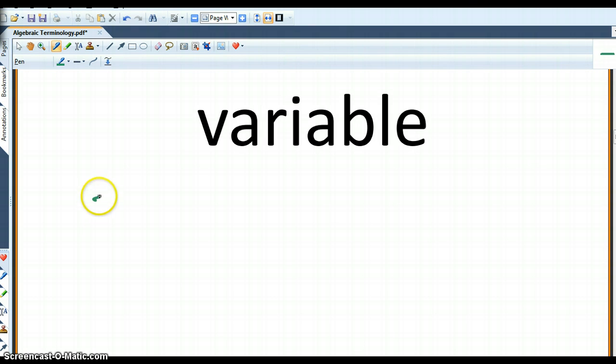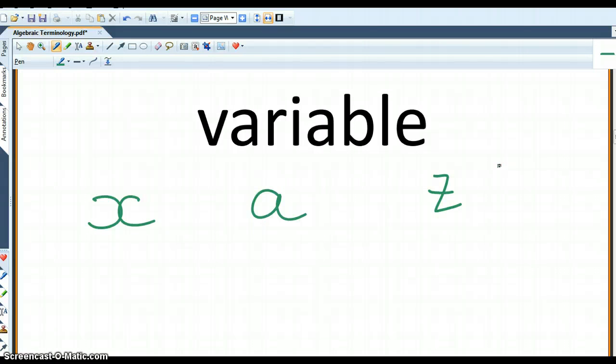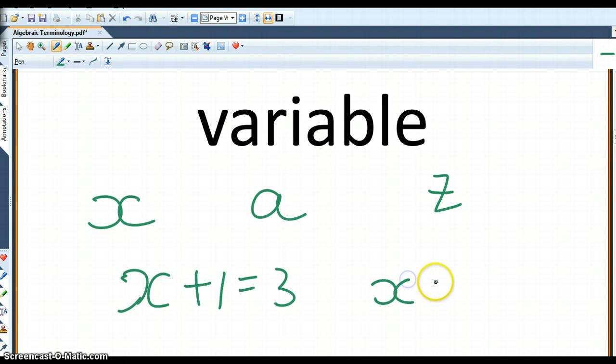So we might call it X, or we might call it A, or we might call it Z. A variable is interesting because sometimes if I said X plus 1 equals 3, then we know X equals 2. So that's a specific unknown. The answer is 2.